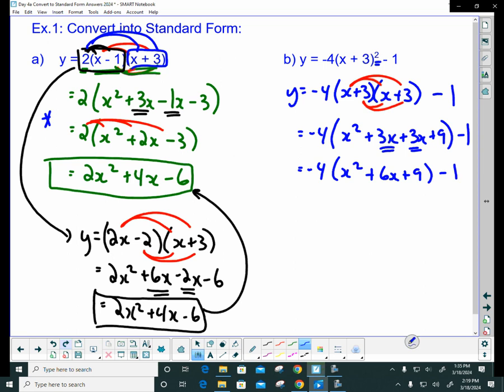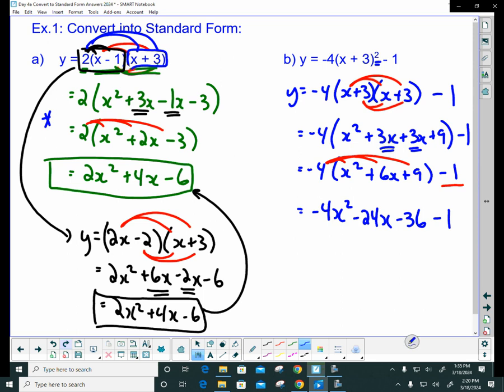Now I'm going to rainbow the negative 4 into that trinomial. So I have negative 4. Remember, don't rainbow it with the negative 1 at the end. That's not inside the brackets. So if I rainbow the negative 4, I get negative 4x squared minus 24x, because that's a negative times a positive, and then minus 36.